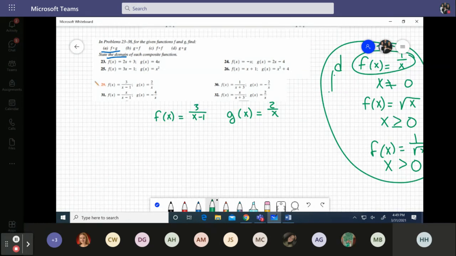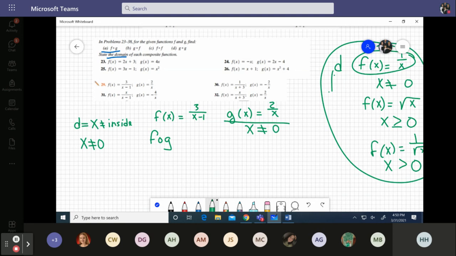So to start with, your domain is x is not going to equal your inside function. If I'm doing f of g, then I'm going to take the restriction from my inside function. x cannot equal 0. And that's part of my answer.